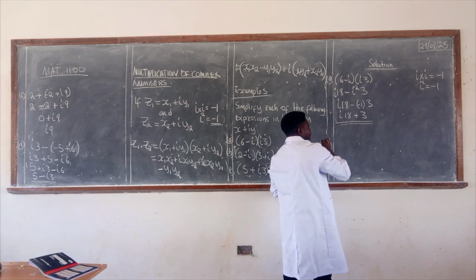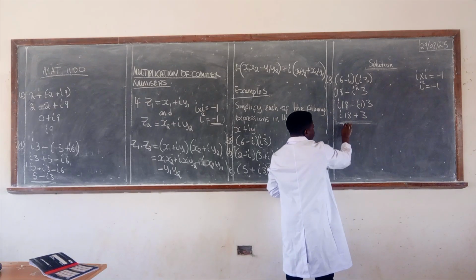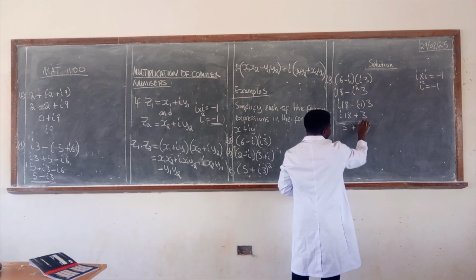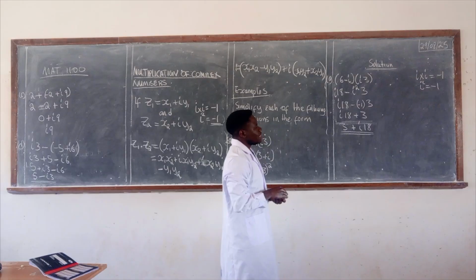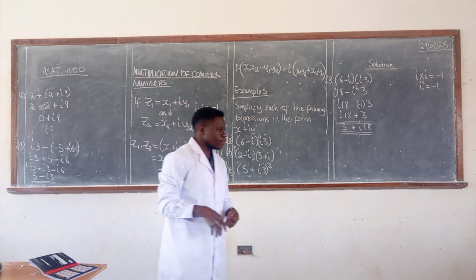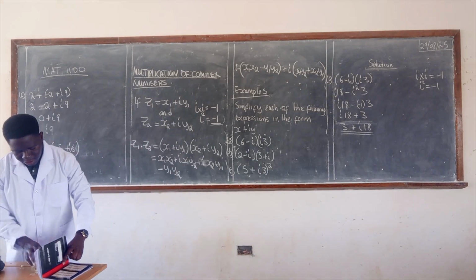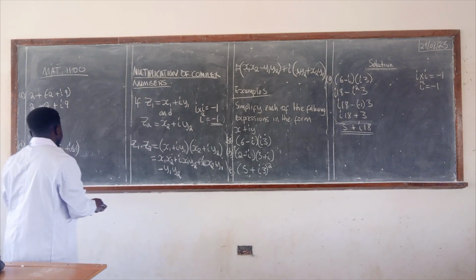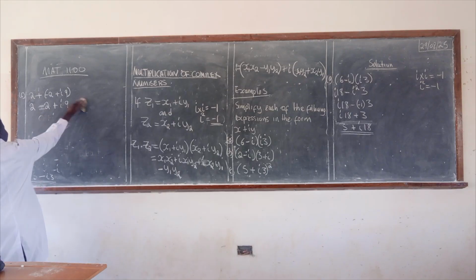As simple as that. But remember, we have to put it in the right form. So it's going to be 3 plus i18. That's when we have multiplied our complex number there. Okay, so let me just move to the other side so that we continue multiplying these wonderful complex numbers.